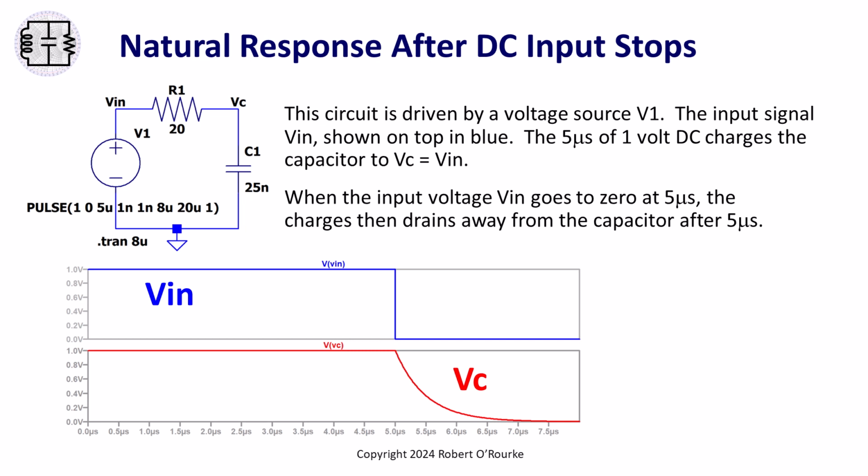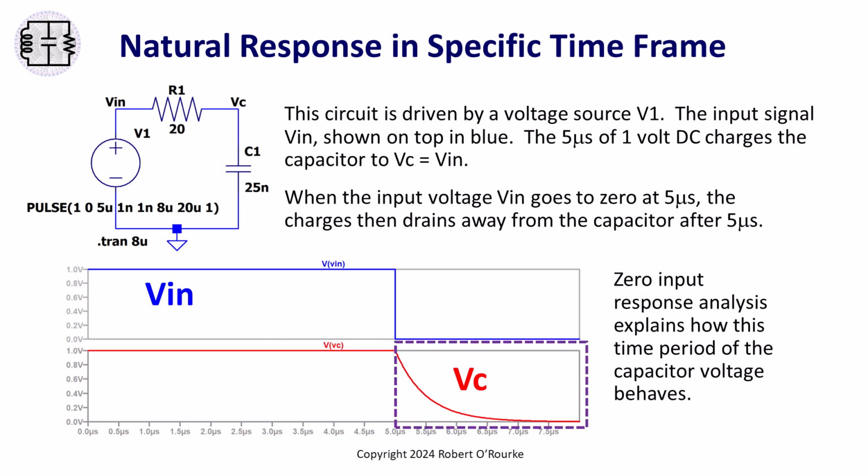The voltage source at 0 is now effectively a short circuit. Starting after 5 microseconds, the capacitor voltage drains away as current through the resistor. The time period, starting at 5 microseconds, can be analyzed and understood in terms of natural response, where the 1 volt voltage on the capacitor is the initial condition at 5 microseconds.